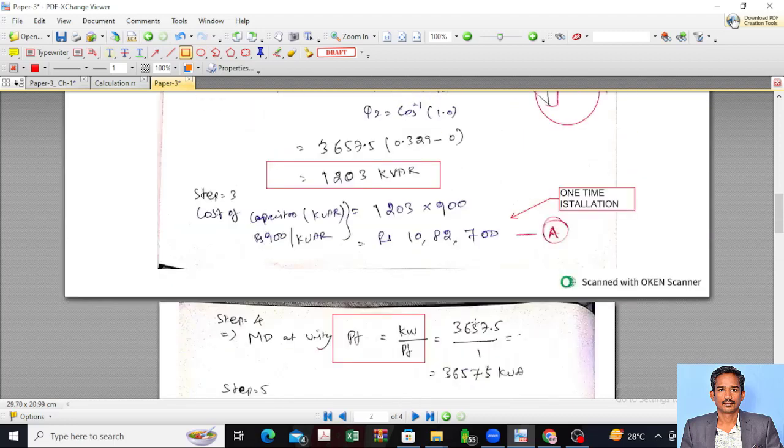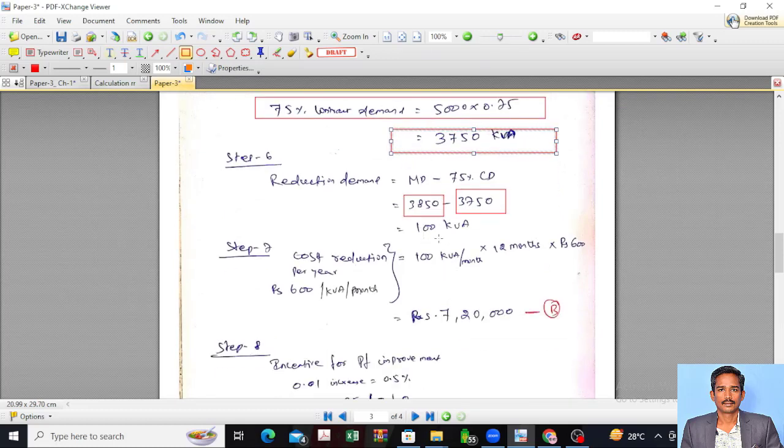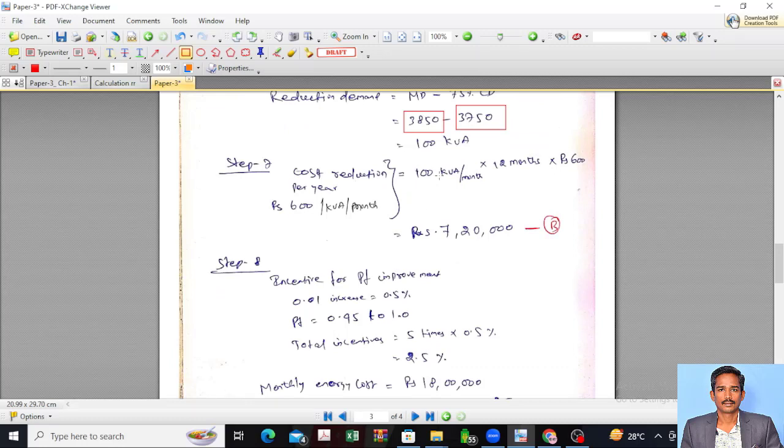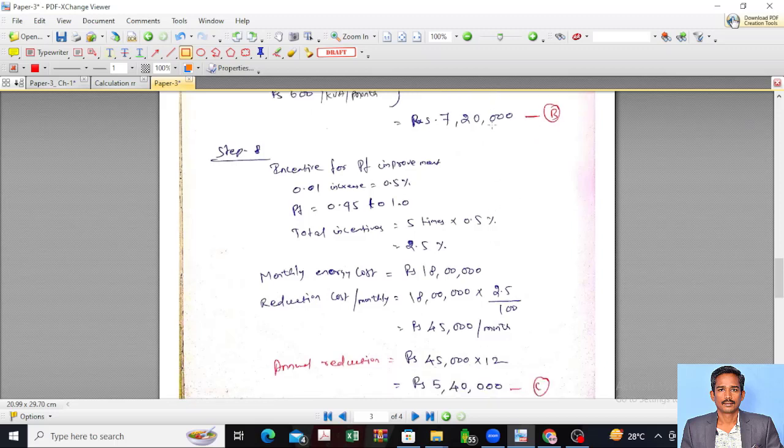So there is no need to subtract this one. This value minus this value gives a 100 kVA reduction per month. Then for 12 months, the cost reduction per year is 100 kVA per month into 12 months into 600 rupees, totally 7,20,000 cost reduction. This is one step completed.